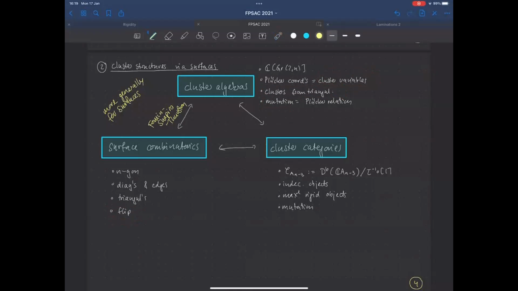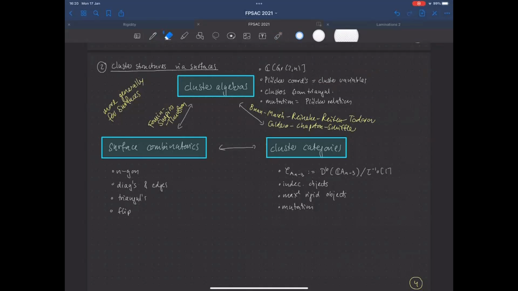But then on the other hand, to a cluster algebra, there are also often cluster categories associated to them. And the first approach here was given by Buan, Marsh, Reineke, Reiten, and Todorov, and Caldero, Chapoton, and Schiffler in type A. So a cluster category is another algebraic object.